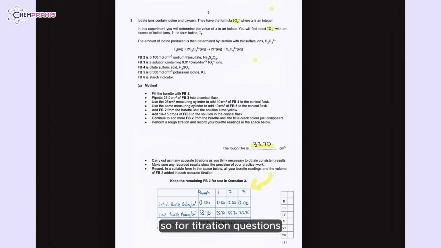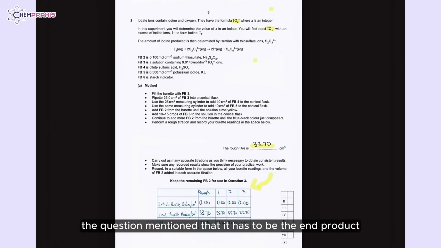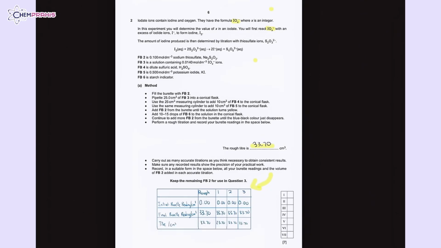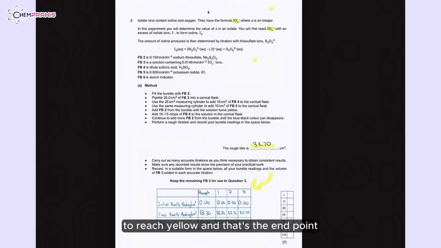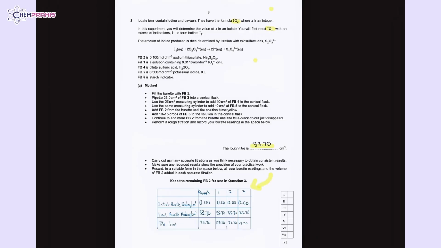So for titration questions, my method of completing it is, first of all, the question mentioned that the end product has to be yellow. So you will expect your titration to reach yellow and that's the end point.